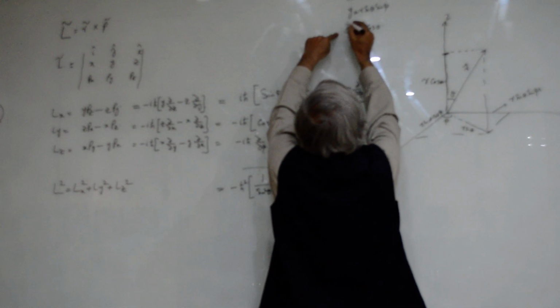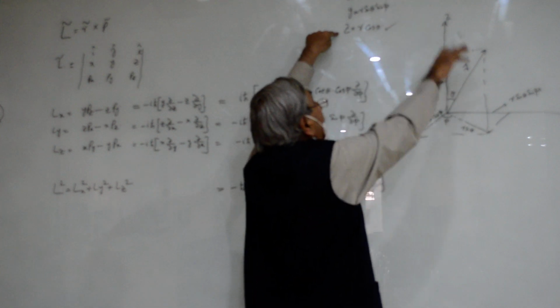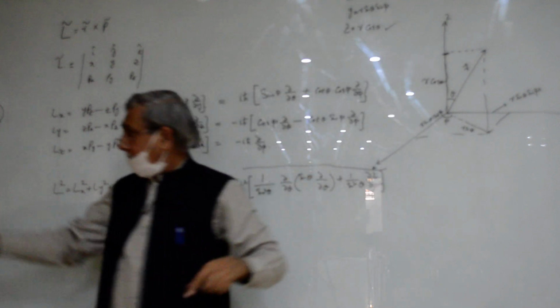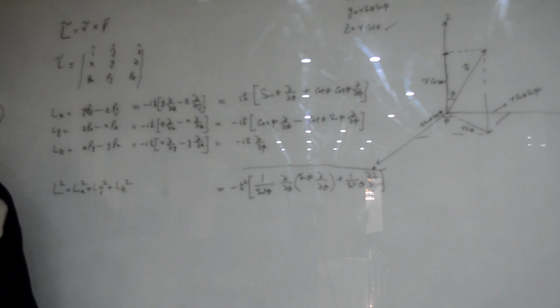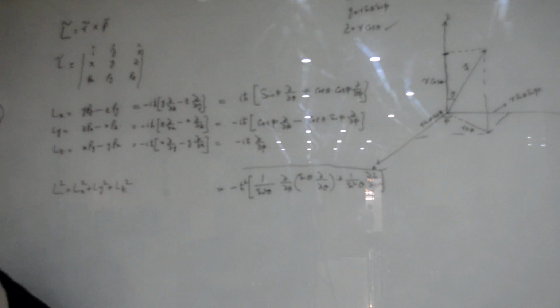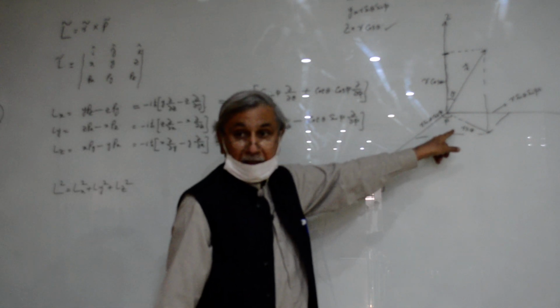So z is R cosine theta. Then you have its projection perpendicular to that. That is another projection, that is R sine theta.